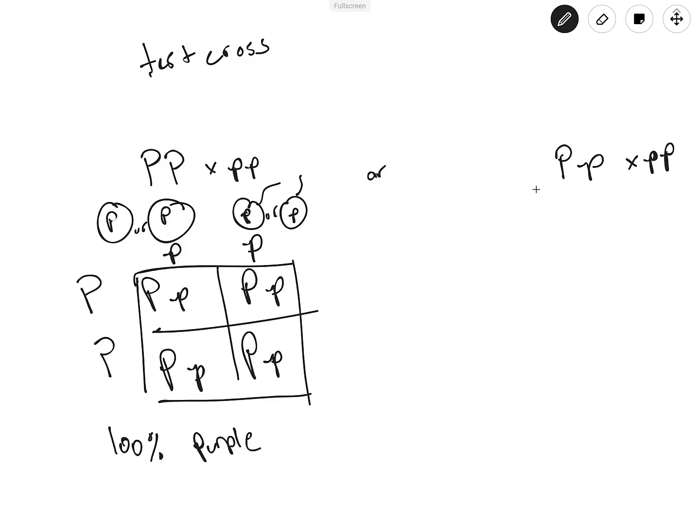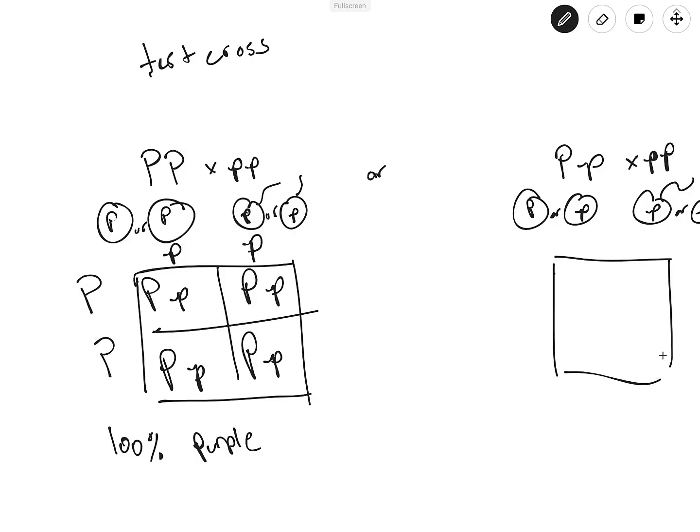The other option for your plant was that it was big P, little p, in which case mom here could make a big P or a little p, and dad could make a little p or a little p. So then you can draw the Punnett square, 2x2. Here's mom, big P, little p. Here's dad's gametes, little p.